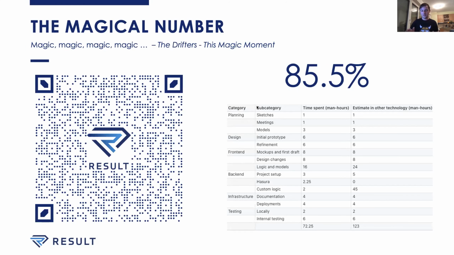And just to give you a little bit of insight, if anybody is interested in a more in-depth analysis of how we used less time with Hasura, the magical number is we've spent like 85% less time, based on the estimates that the other teams did for developing the backend logic. We used that time to focus more on testing the features and also doing the front end.